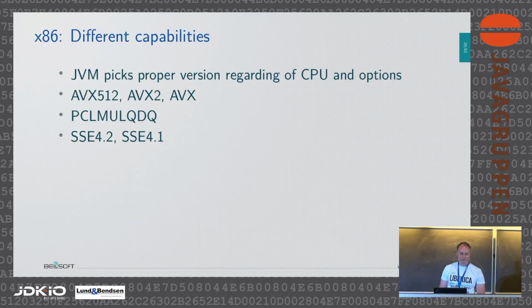On Intel, JVM works on x86. JVM knows what exact processor capabilities we have, so it's able to choose a better algorithm implementation, and it does. So there are different branches depending on your hardware capabilities inside the implementation.